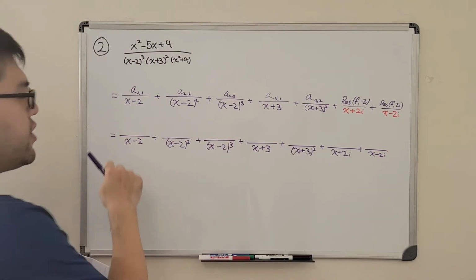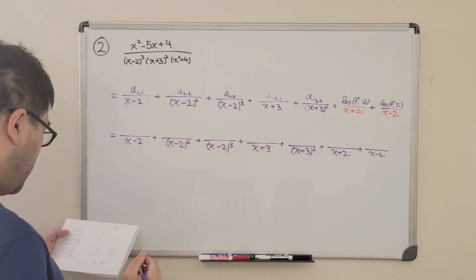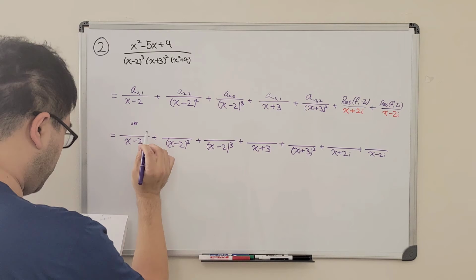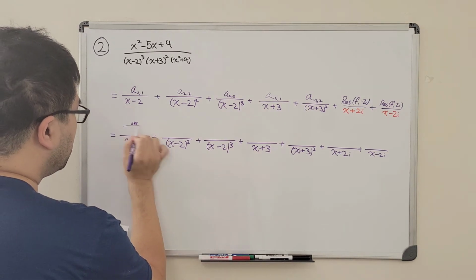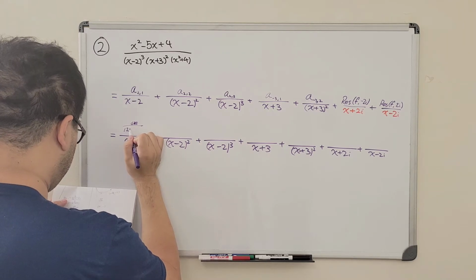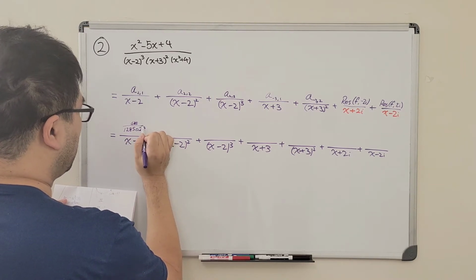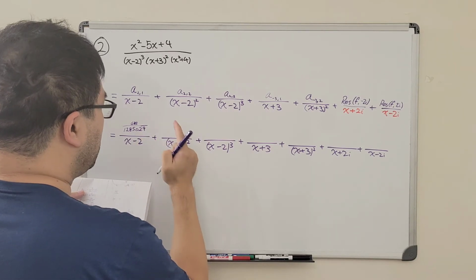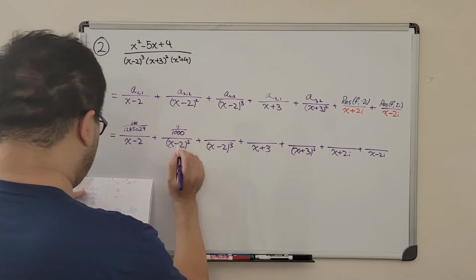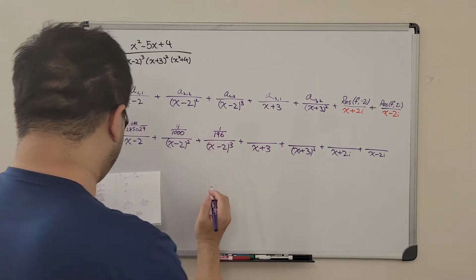For a 2 comma 1, we get this value here, 685 over 1,285,029. And then for a 2 comma 2, we get 9 over 1,000. For a 2 comma 3, we get 1 over 196.